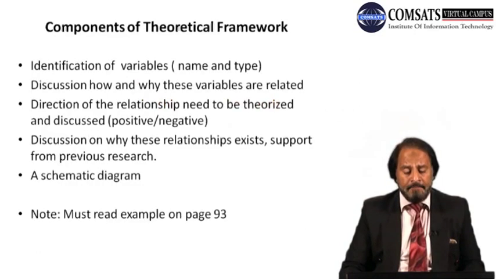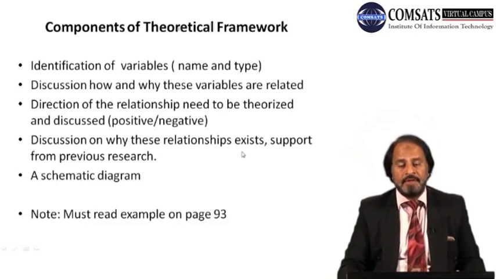Once we are able to do that, we need to also describe why these relationships exist and what the support from previous research is. It's not that whatever you think in your own way is the relationship; you need to explain why this relationship exists and what the existing literature says about it.